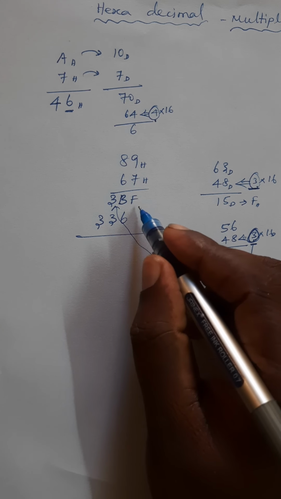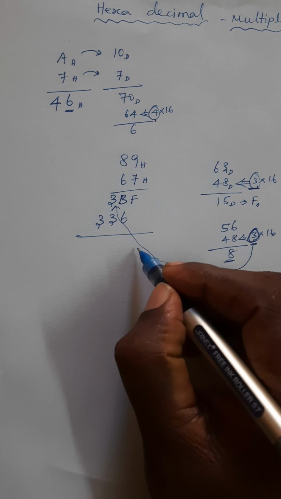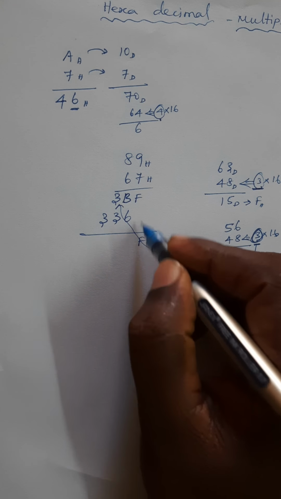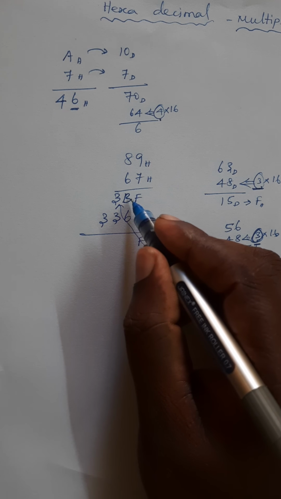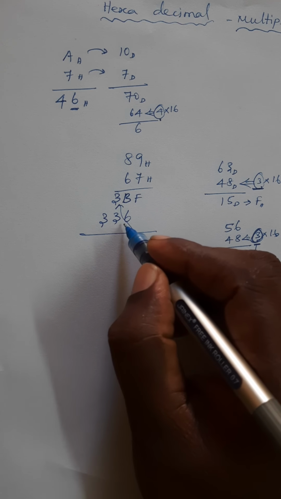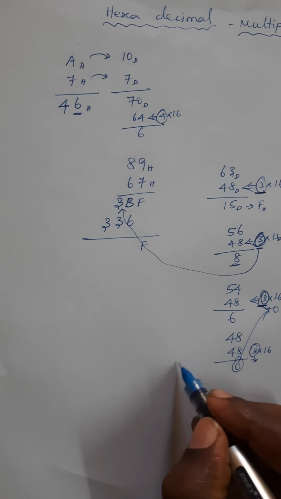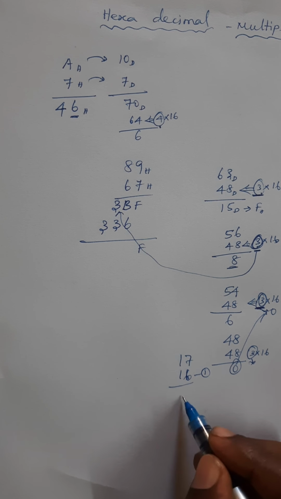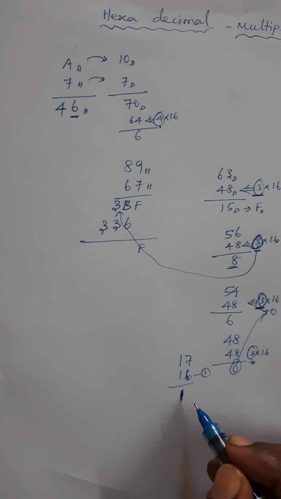So we need to add now as it is. If we add it, F stays the same, there is no number to add to the first digit, so F. Then 11 plus 6 is 17. In 17, how many 16s? One 16. Yes, carry 1 and remainder is 1.